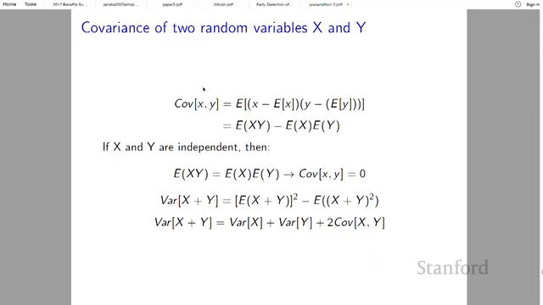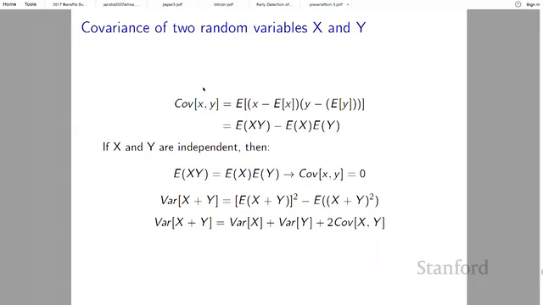The covariance is mathematically expressed as this one. Covariance of x y equals expectation of x minus expectation of x times y minus expectation of y. If you simplify and expand this equation, you can see that this equals expectation of xy minus expectation of x times expectation of y.